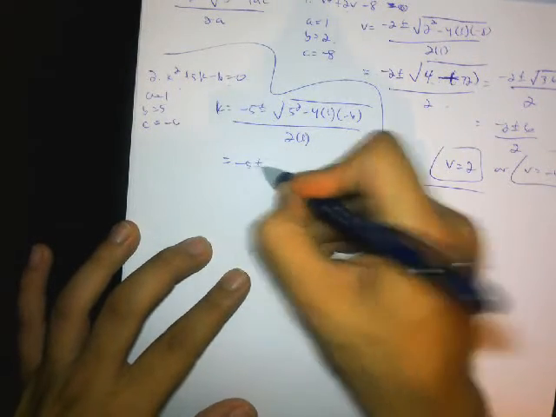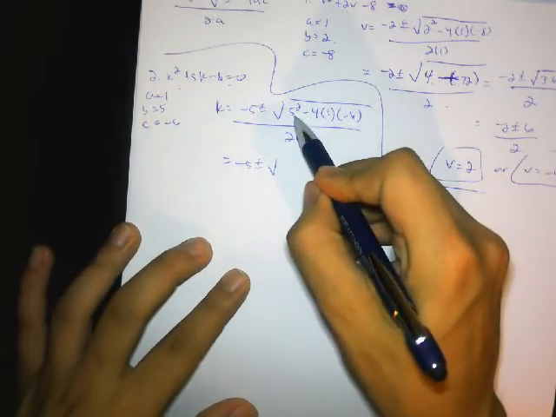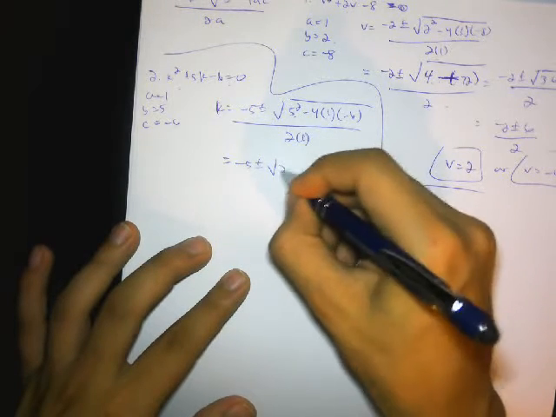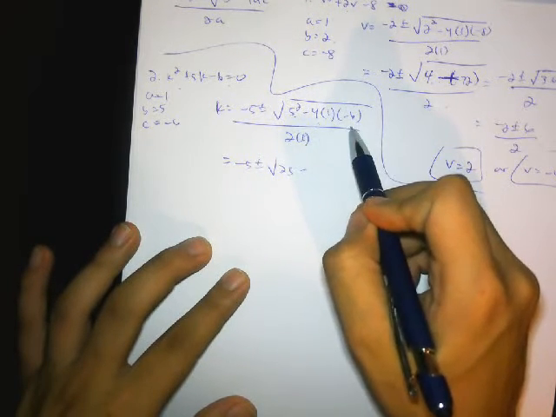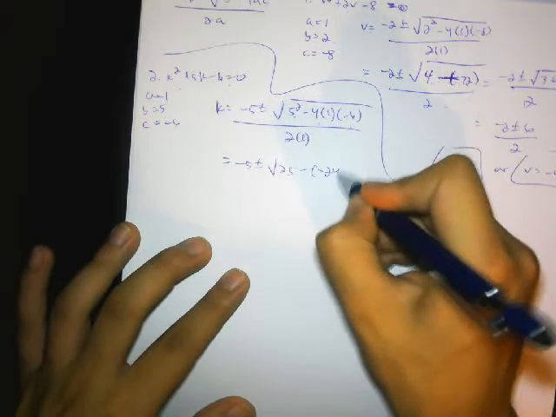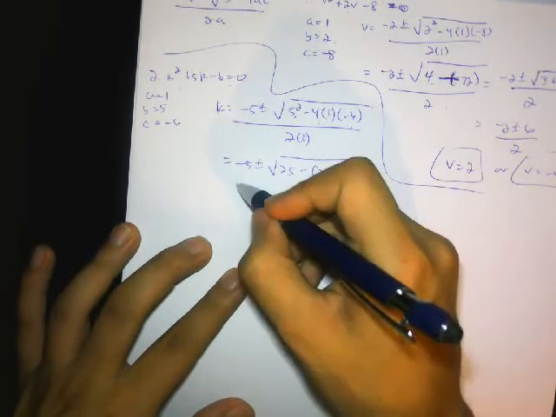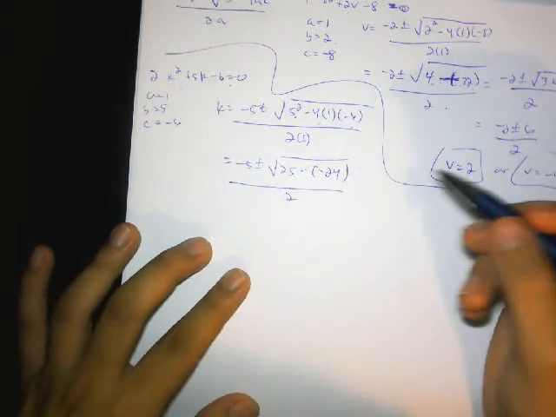So here I get negative 5 plus or minus the square root of 5 squared is 25, minus 4 times 1 is 4, 4 times negative 6 is negative 24, all over 2.